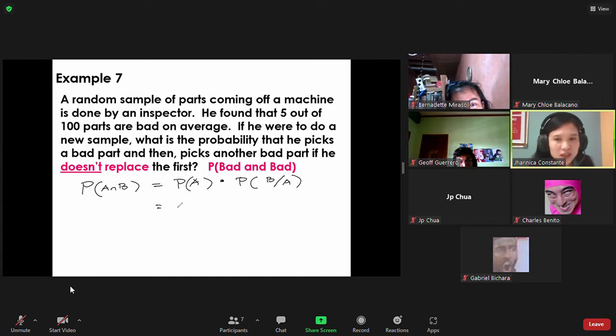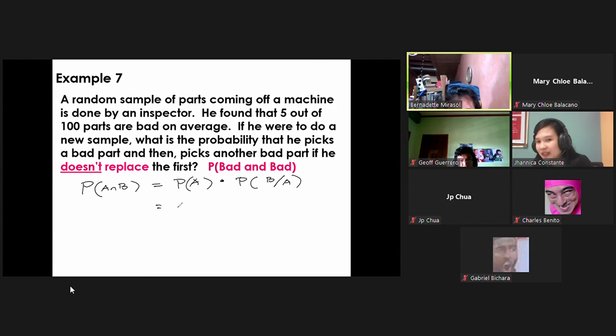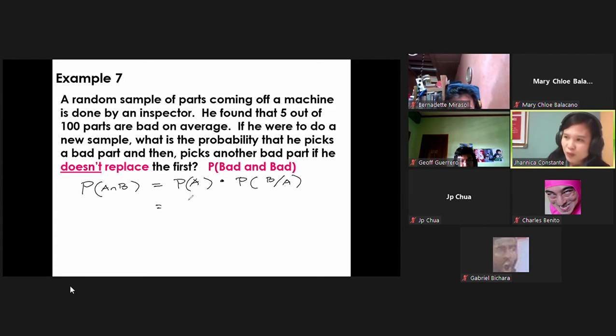What's the probability of our first event of getting a bad part from the machine? 5 over 100.